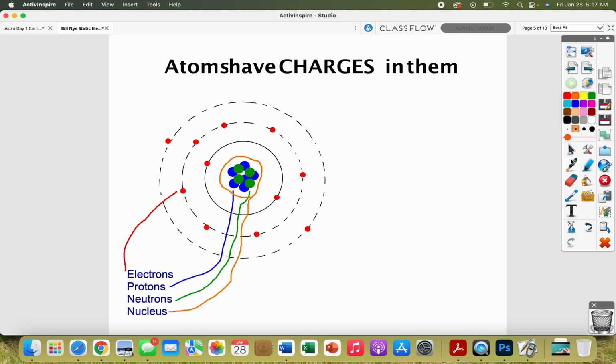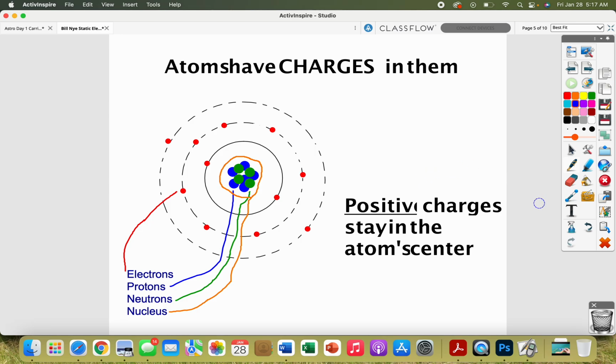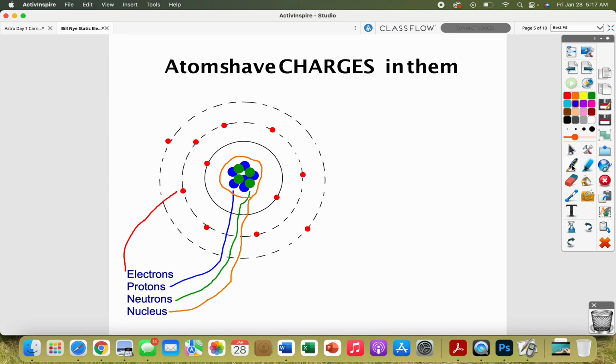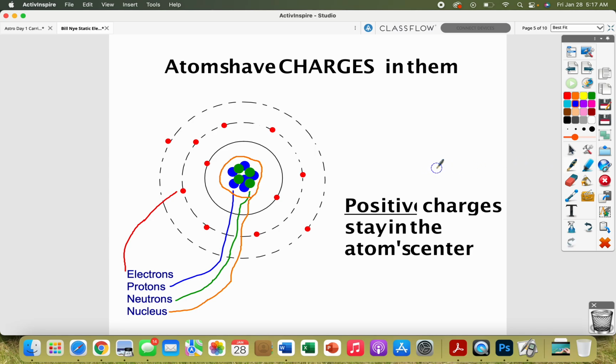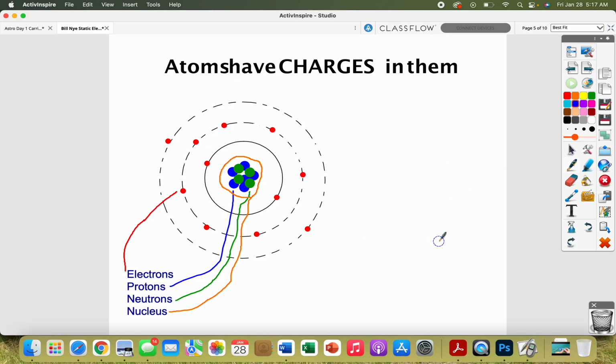Now, when we did this on Tuesday, a lot of you, instead of drawing it this way, drew something more like this. Control Z. There must be something hidden here that I can't see. Try not drawing there.